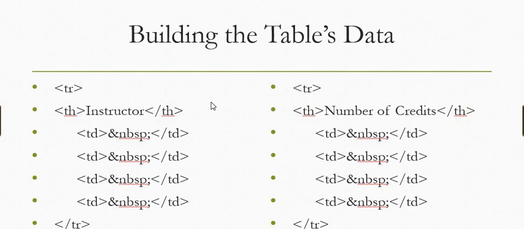There are 2 other pieces associated with this table that you will need to reference and create within your table, being instructor and number of credits. Again, we use the TR tag to open and close within the table itself, the TH table header tag, in this case for instructor, in the other case for number of credits, which will again create more columns for you to provide information for.